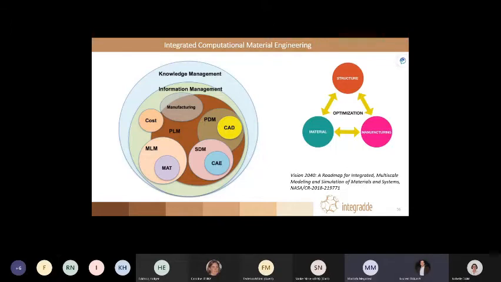But in the case of additive, you are actually creating your product and your material during the manufacturing process. So we need to have something which is closely integrated, as shown in this triangular diagram on the right-hand side. The next slide, please.